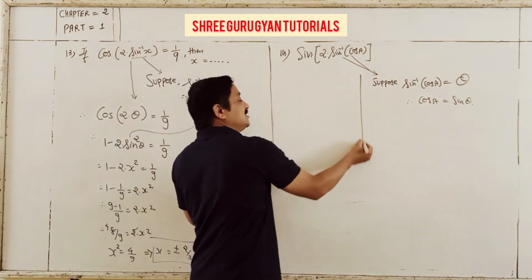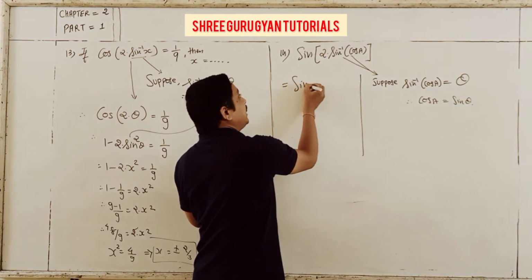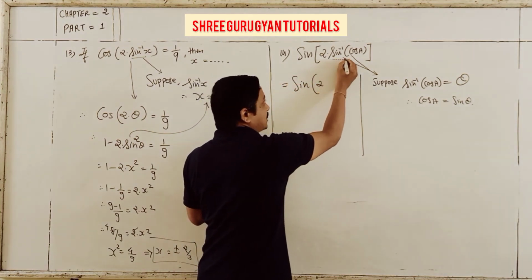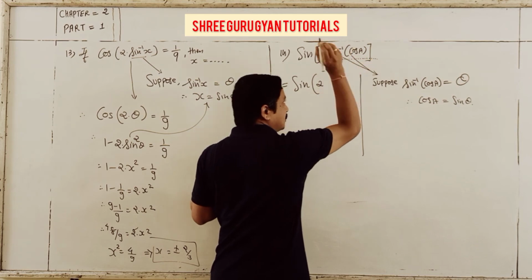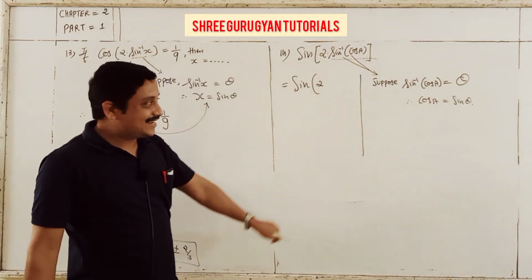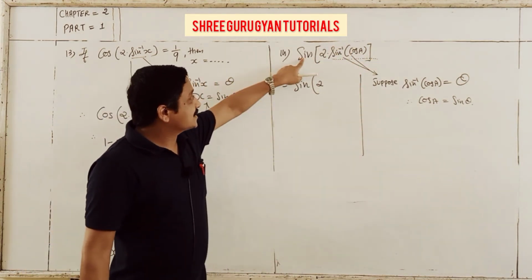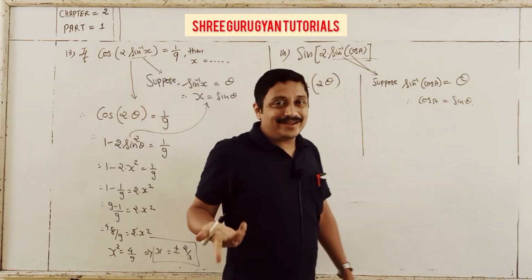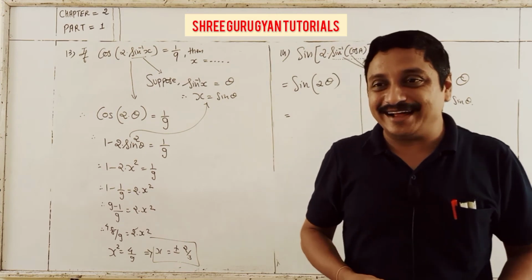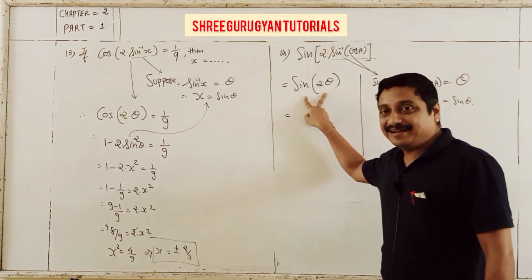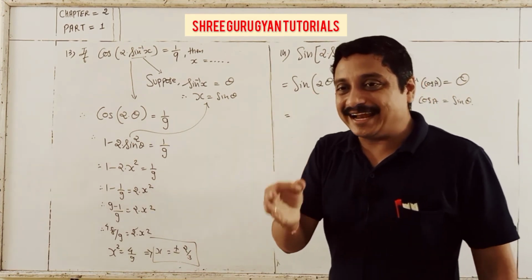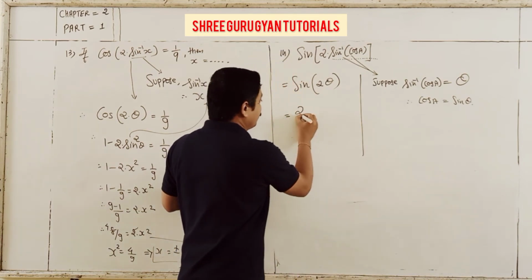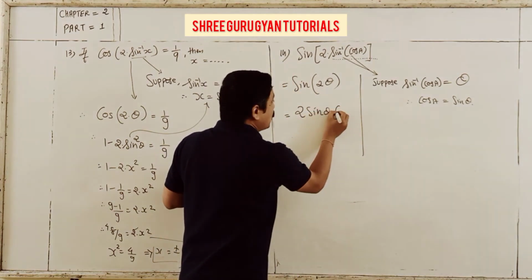Now I put the value: sine 2 theta. Now you know the formula of sine 2 theta, which is 2 sine theta cos theta.